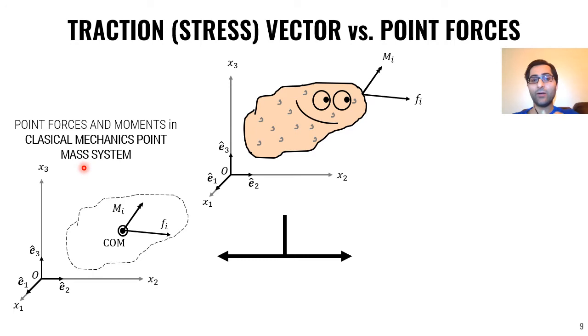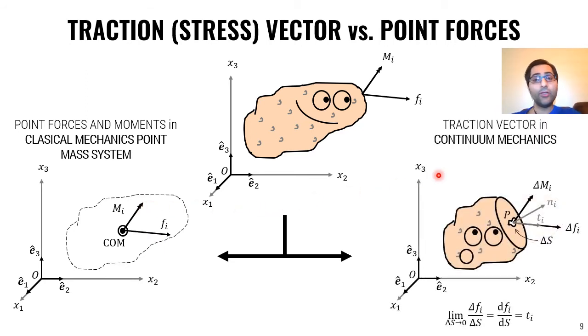In classical mechanics point mass system, we simplify the whole system to a point mass at the center of mass of the system, and we assume that all the surface forces and body forces are basically exerted at that point.